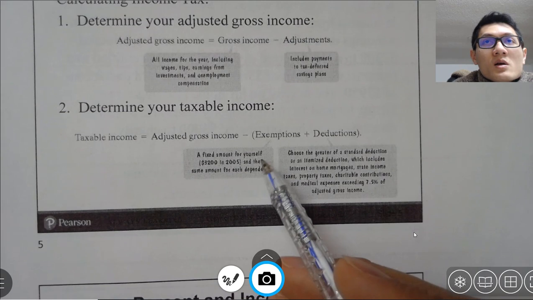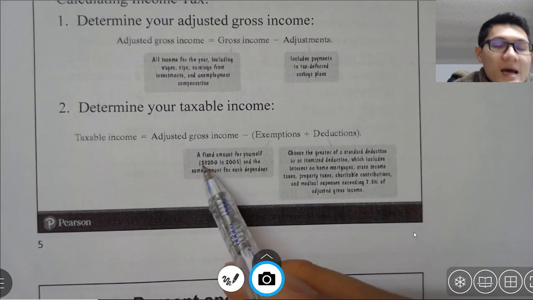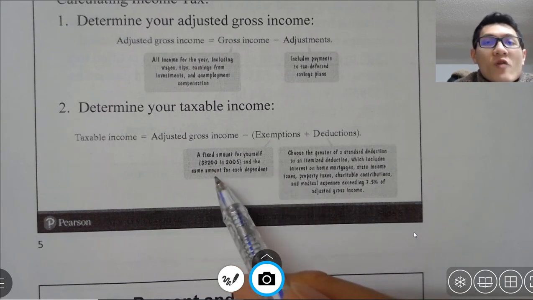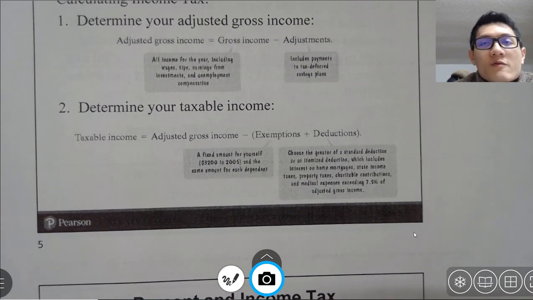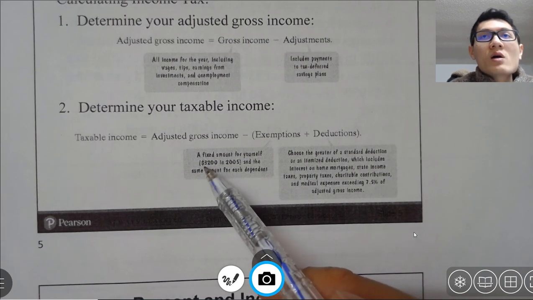In the year of 2005, it was $3,200, and the same amount for each dependent. So if you have one child, two children, 3, 4, and so on, then you just add the same amount for each dependent to your exemptions.